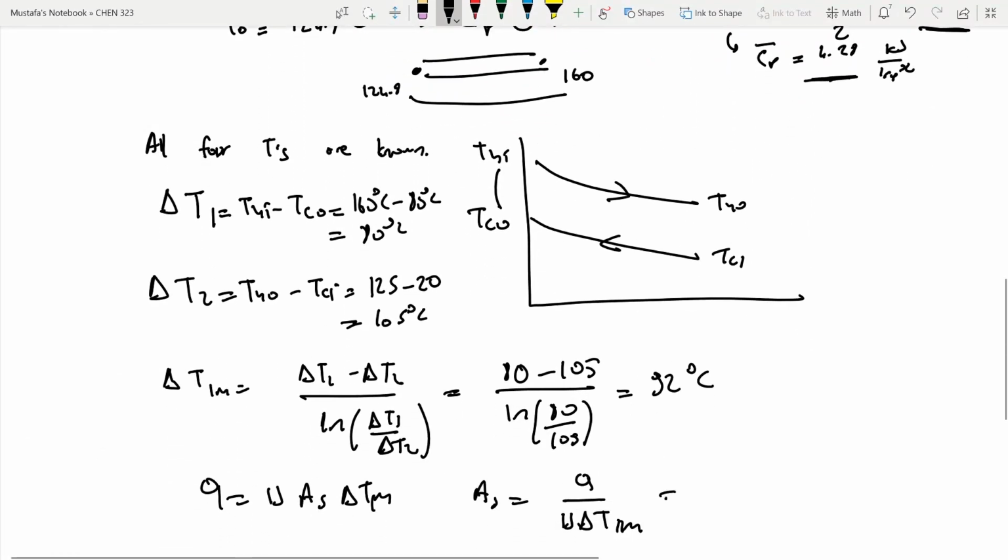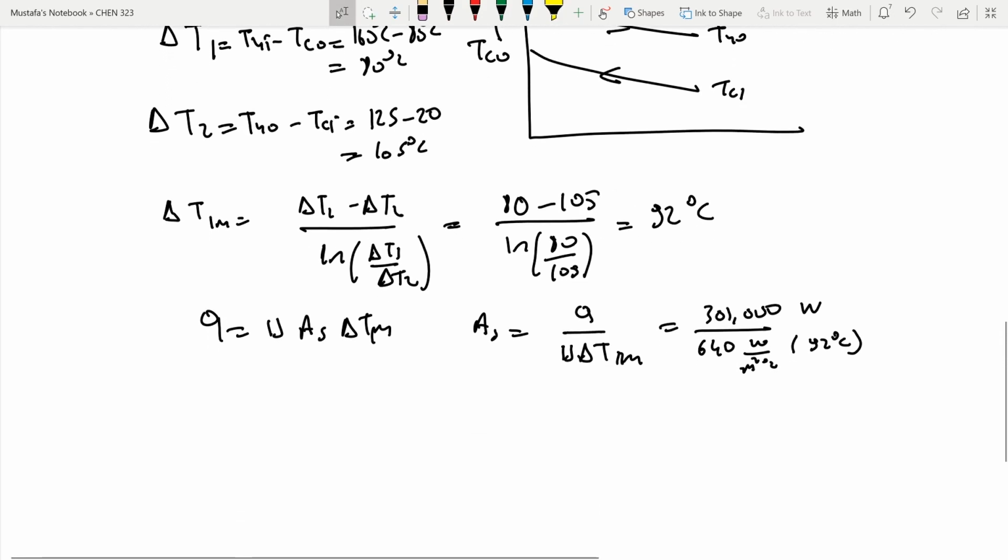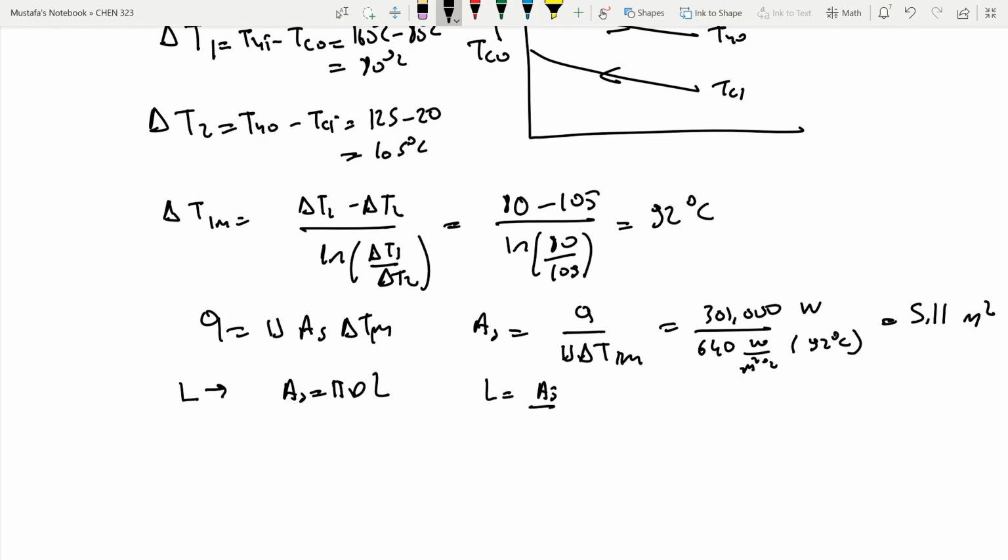So that means 301,000 divided by U, which was given in watt per meter square per Celsius, and the log mean is 92 degrees Celsius. If you carry this out, you'll get 5.11 square meter as the surface area. And if you want to calculate the length, A surface is pi d L. So L is A surface over pi d, which is 108 meter.